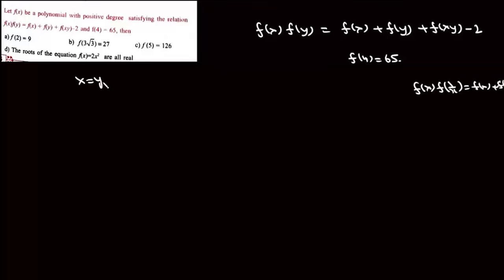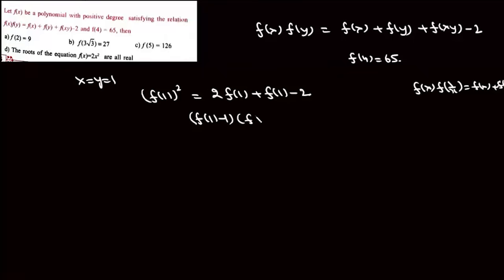So we'll put x and y both as 1. So we'll get f(1) square will be 2 times f(1) plus f(1) minus 2. So it'll become a quadratic in f(1). So we'll get (f(1) minus 1)(f(1) minus 2) equals 0.